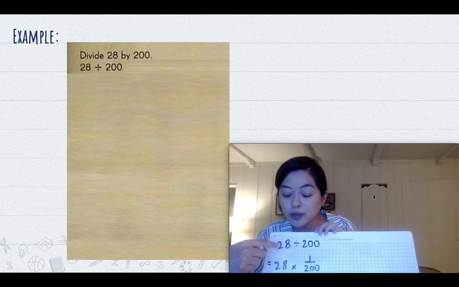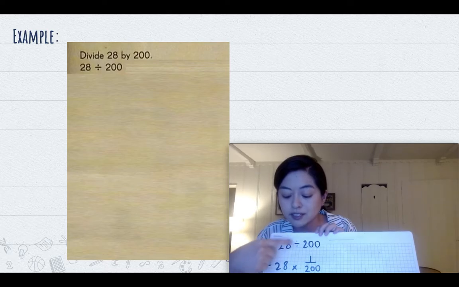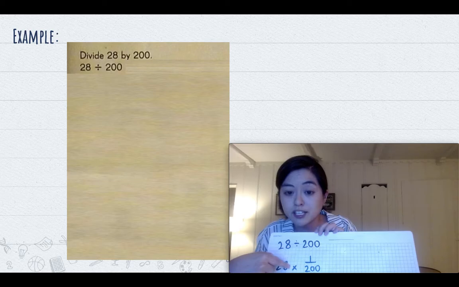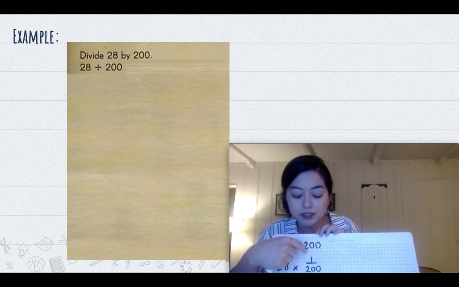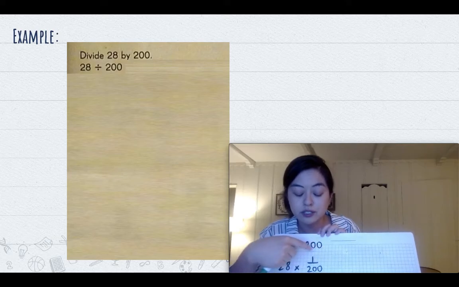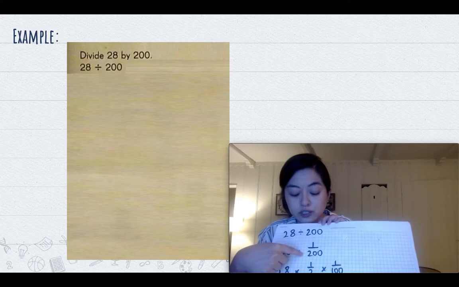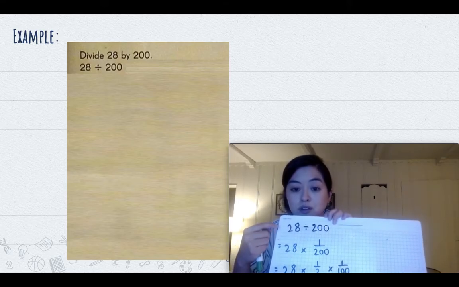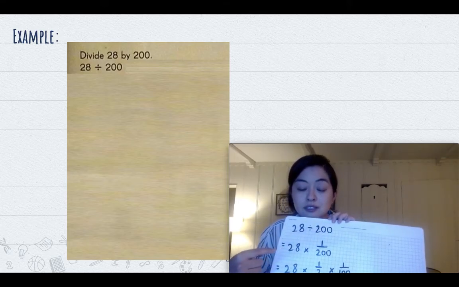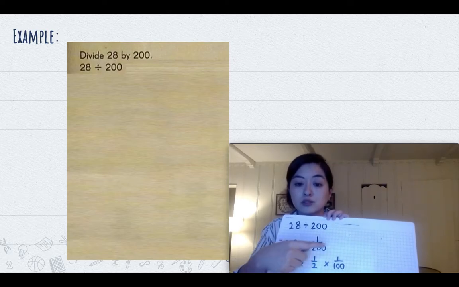The way that I do that is I keep the first number, which is my dividend, and then I change the operation into multiplication, and then I multiply by the reciprocal. My divisor is 200, and so I change that into the reciprocal, which is 1 over 200. So 28 divided by 200 is the same thing as saying 28 times 1 over 200.